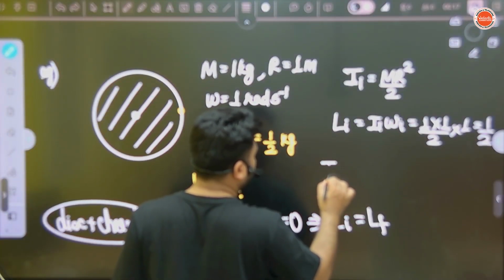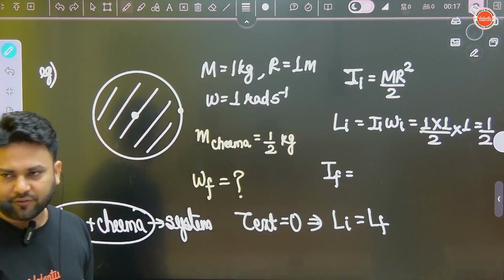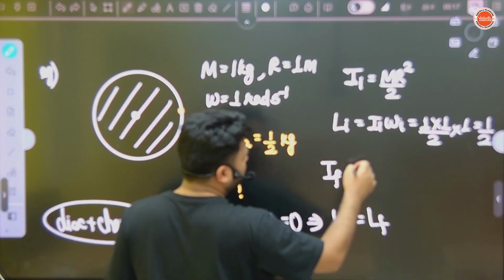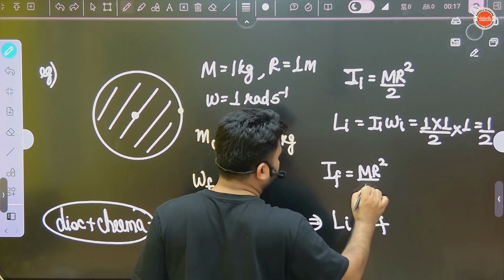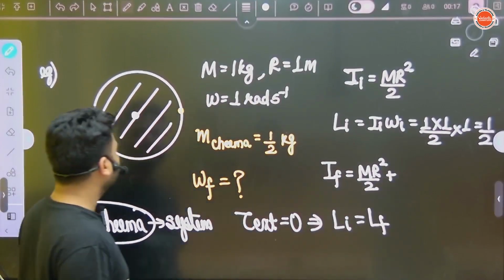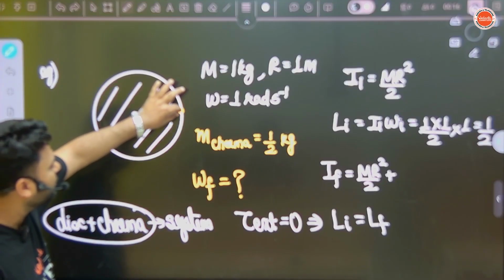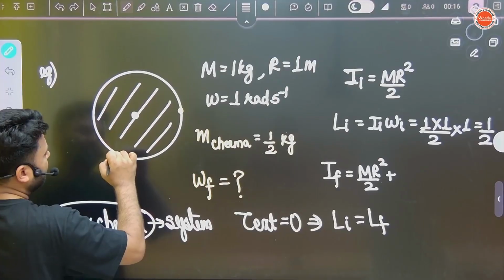Now the final moment of inertia, what is it? Definitely the moment of inertia of the CD, mr square by 2, will be mr square by 2 only. Plus now the chima is also there. You have calculated the moment of inertia of the CD. Now you have to calculate the moment of inertia of this chima about this center. The chima is a point object.